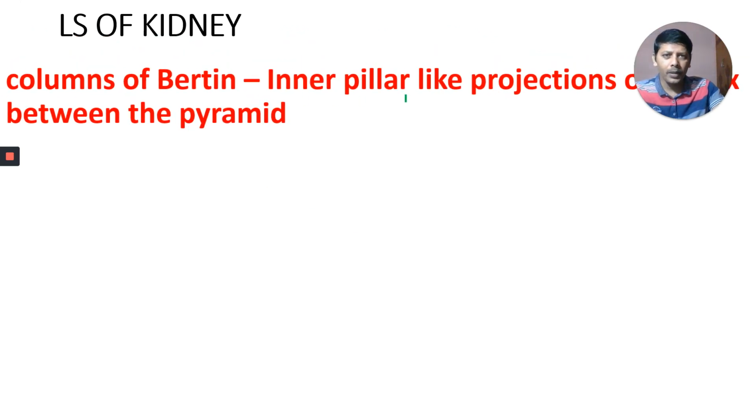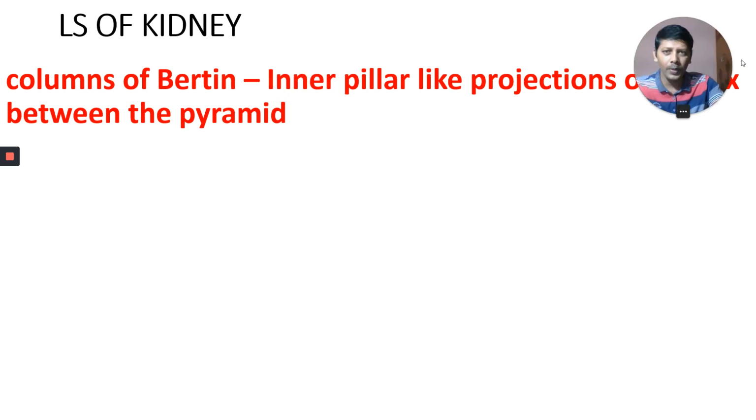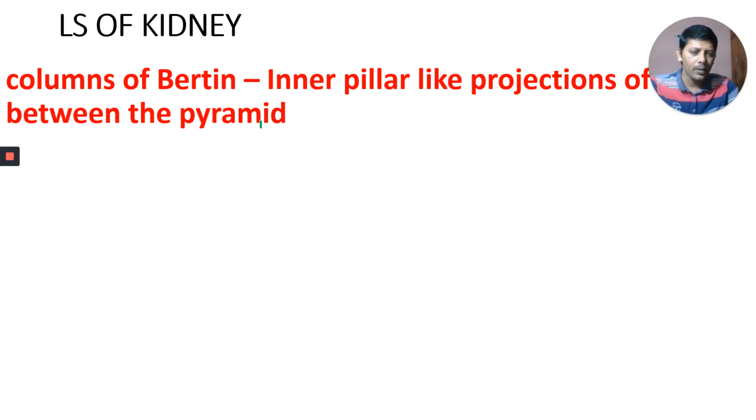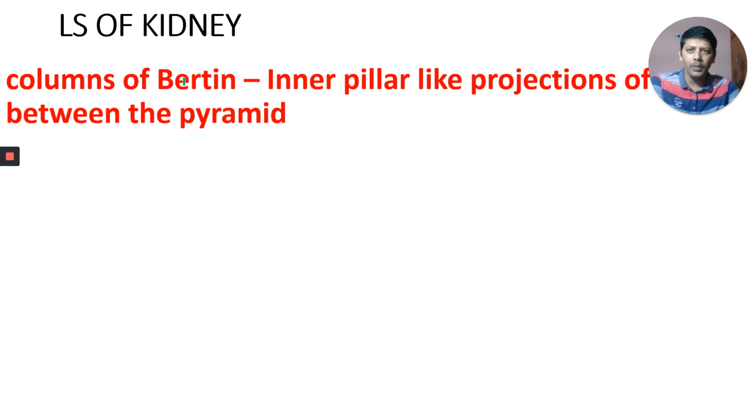Next, the columns of Bertin are inner pillar-like projections of the cortex between the pyramids. You can see this is one pyramid and this is another. Between the pyramids, the cortex projects into this part. This is called the renal column or columns of Bertin.